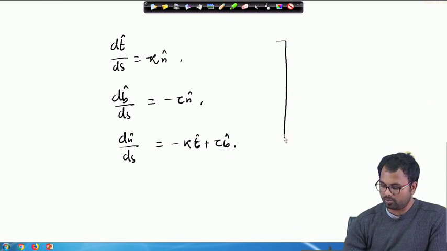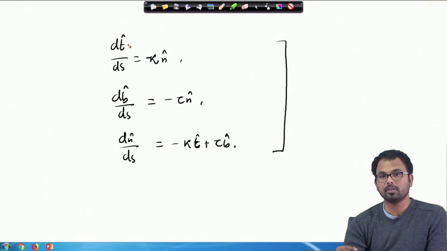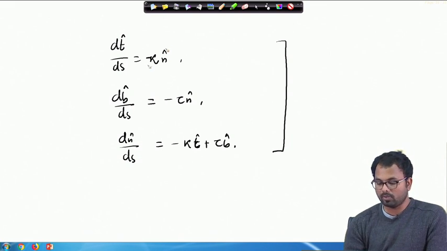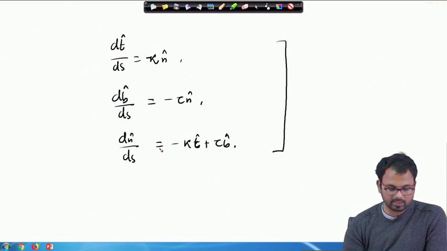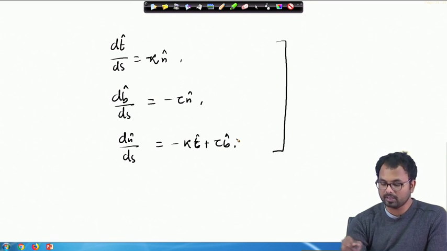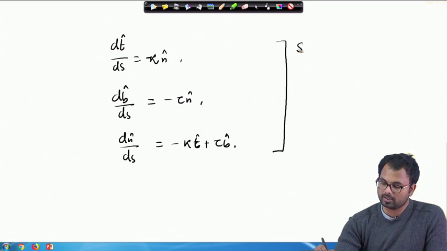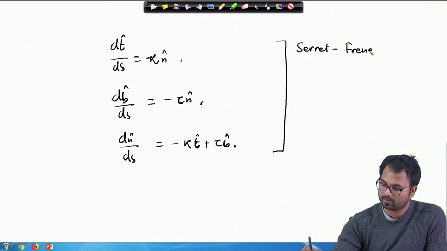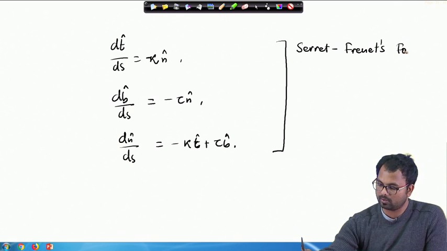These are the three relations that connect the derivative of the unit tangent vector, the derivative of the binormal and the derivative of the unit principal normal with N cap, T cap and B cap. These three relations all together are called the Serret-Frenet formulas.